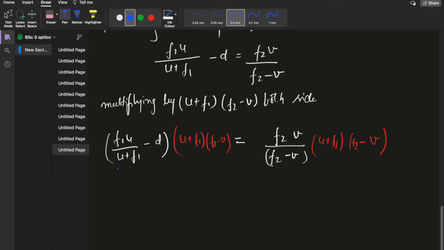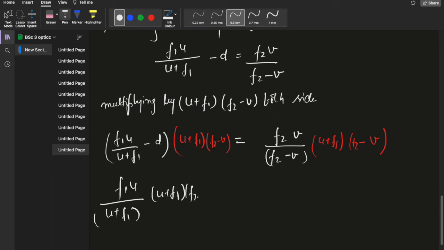Okay, multiplying F1, this becomes F1U upon U plus F1, multiplied by this U plus F1 F2 minus V, and again multiplied by D U plus F1 F2 minus V.